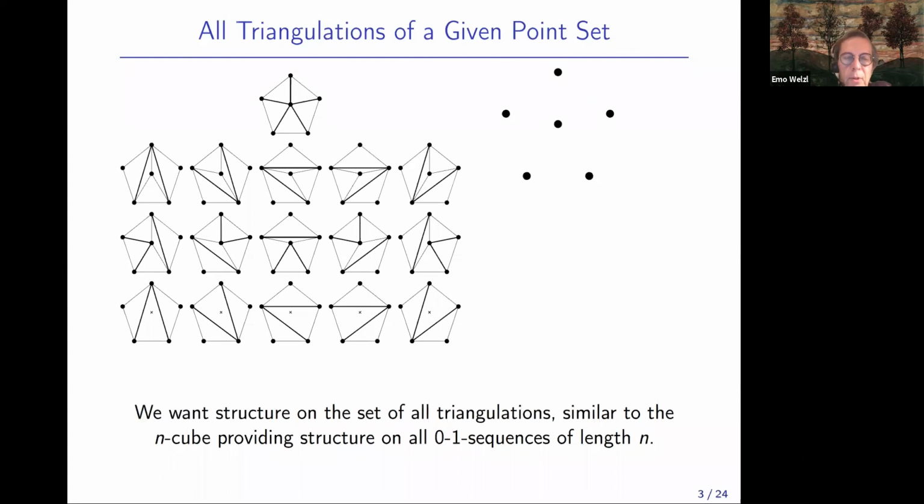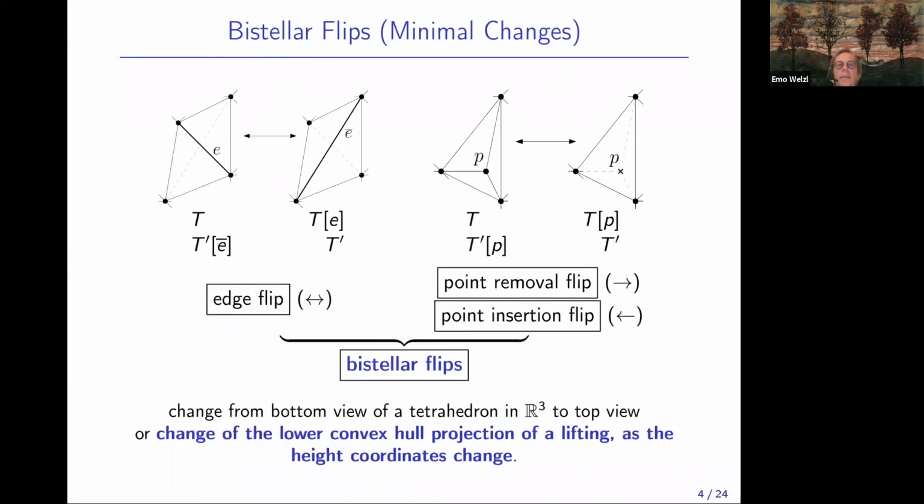And in order to do something similar to the cube for the 0,1 sequences, remember two 0,1 sequences in this graph are connected if they differ just by one element, we need something like a notion of a minimal change. And that is what we call a flip. So we're approaching slowly the notion of a flip graph.